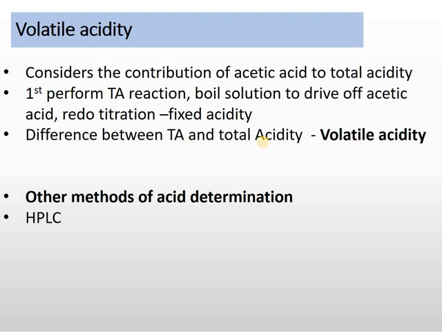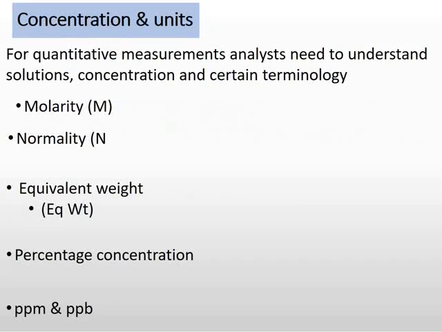Then you cool it down and redo the titration. And this is known as the fixed acidity. So the difference between the titratable acidity and the fixed acidity gives you the volatile acidity. Other methods that can be used are HPLC, high performance liquid chromatography, but obviously that takes time. In the lab, you just want something quick that you can calculate. Okay, so that's done there.